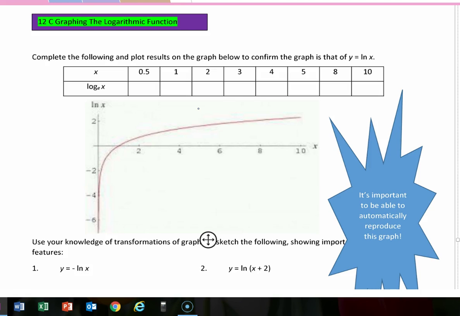Some features of it are, it always has a positive gradient, it's always increasing. It doesn't exist for negative x values, because we can't find the power to raise a number to give us a negative value.